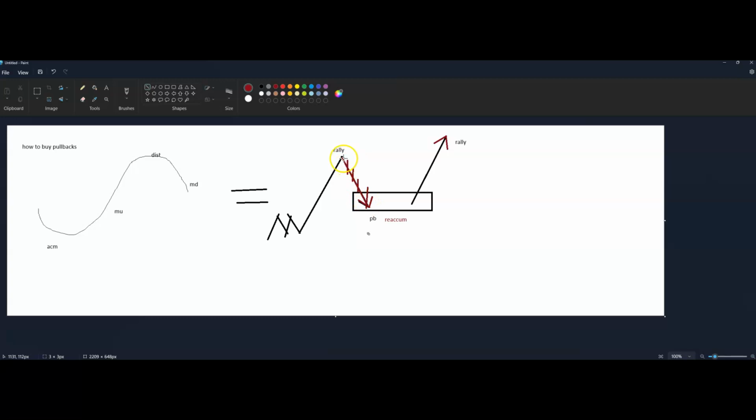And what you're going to have on these waves or bars or columns, if you're using point and figure, is effort. You're going to have that effort here, and then very likely here you're going to have effort as well.